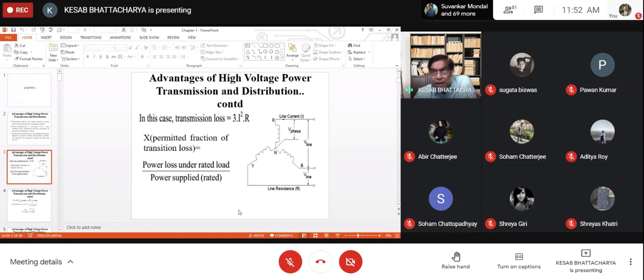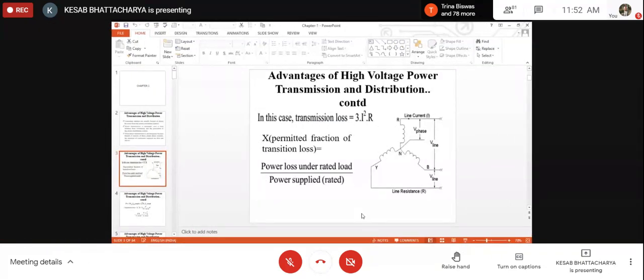Now, normally during power transmission, a fraction denoted by X is assumed, and what is that? That is nothing but the permitted fraction of transmission loss. And it is defined by the ratio between the power loss under rated load to that of the rated power supplied. So that is X. Normally in power transmission, this X is specified.